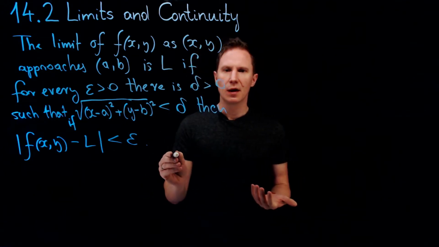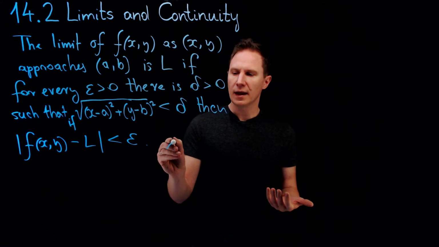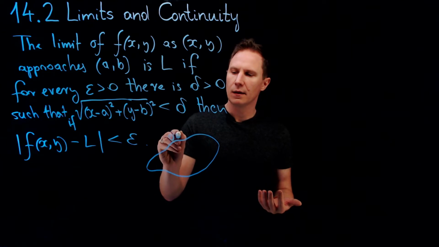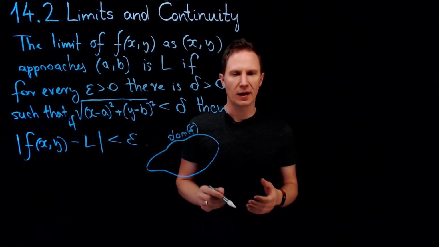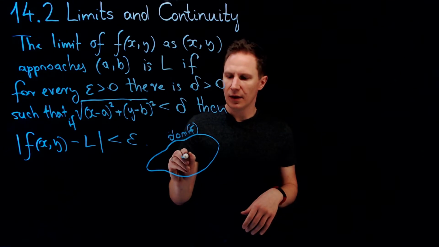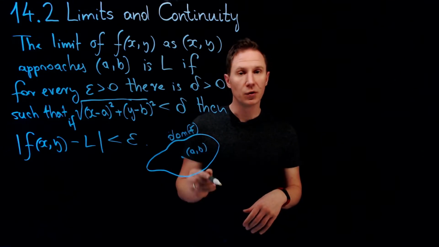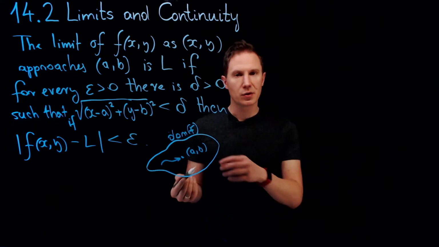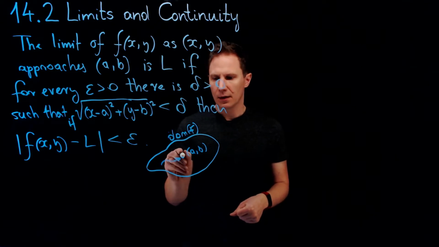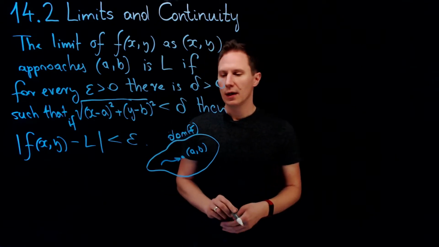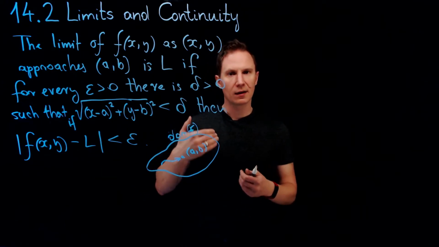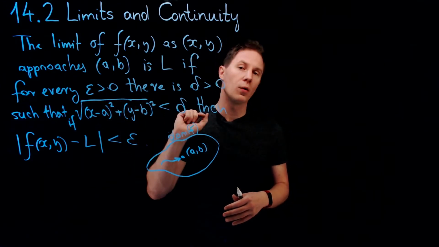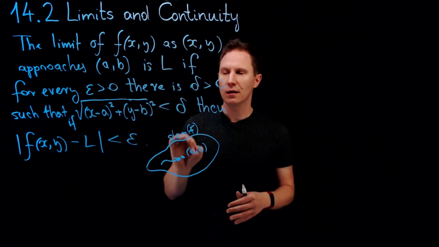So what you have to imagine is, if you look at the xy plane, you have this domain of f, some region of the xy plane, and you have this point (a, b). You take your (x, y) values and approach this point (a, b) along some curve, and the function's values will get closer and closer to L, arbitrarily close for any small positive epsilon.